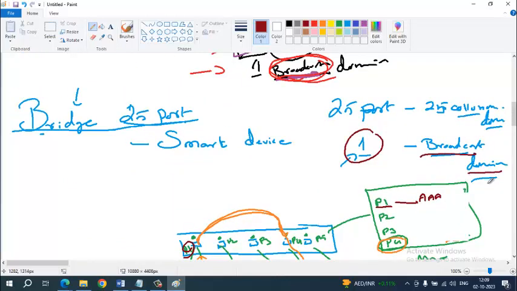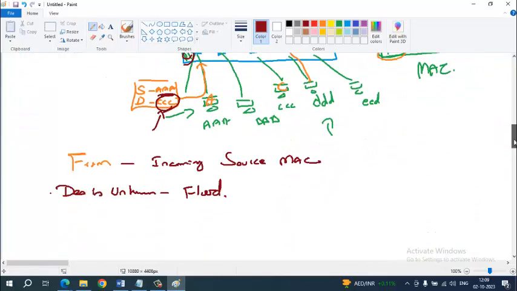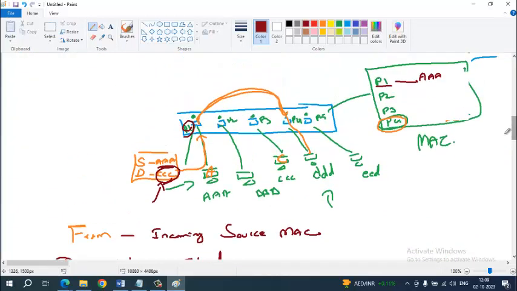There is one controller which can take traffic to everyone. So it will flood, it will go to everyone, including this guy. When B receives the packet, it will check the destination.